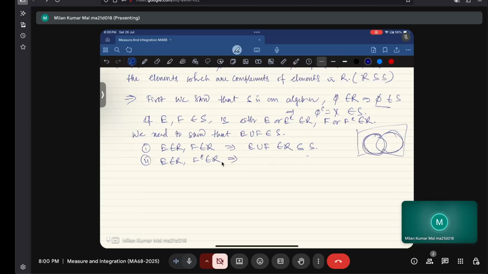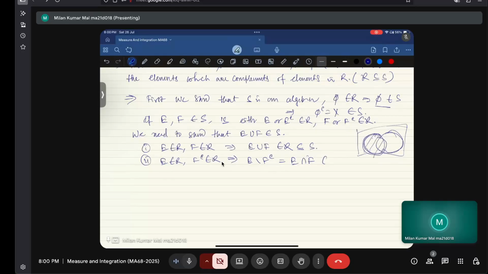As E belongs to R, F complementary belongs to R, and E minus F complementary is equal to E intersection F. You can look at E minus F complementary: F complementary is the outside region and E is this region, so E minus F complementary means it will go this way.